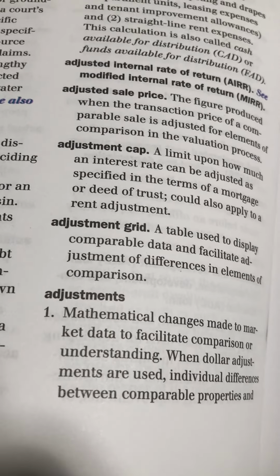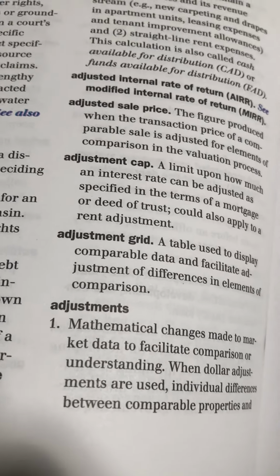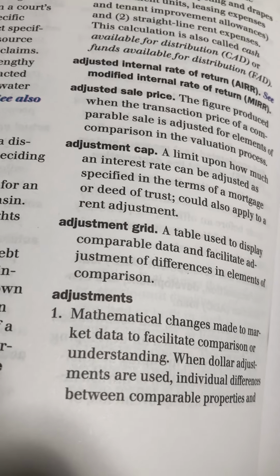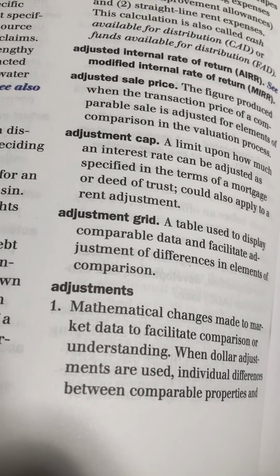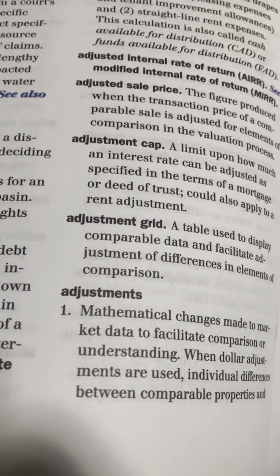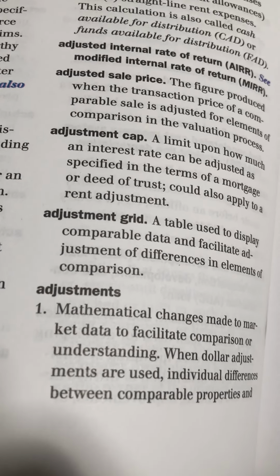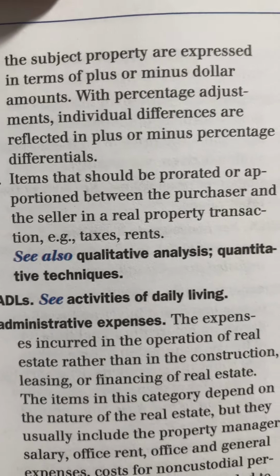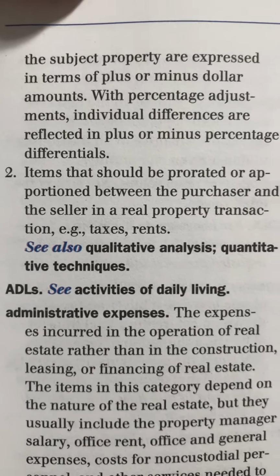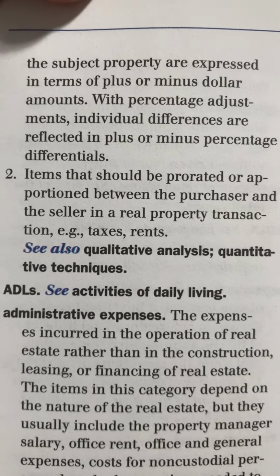Adjustments. 1. Mathematical changes made to market data to facilitate comparison or understanding. When dollar adjustments are used, individual differences between comparable properties and the subject property are expressed in terms of plus or minus dollar amounts.